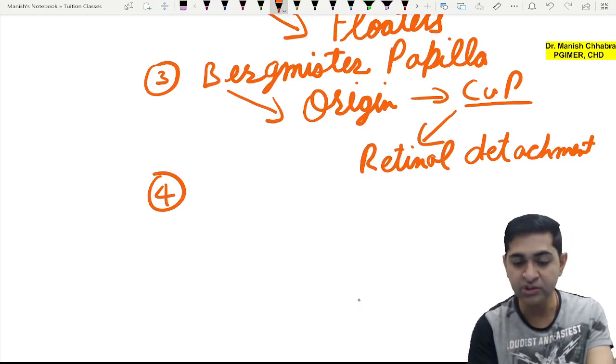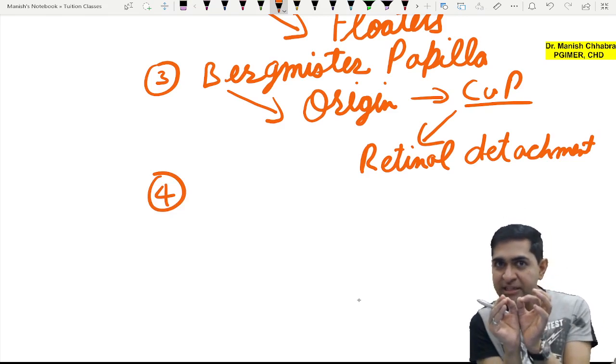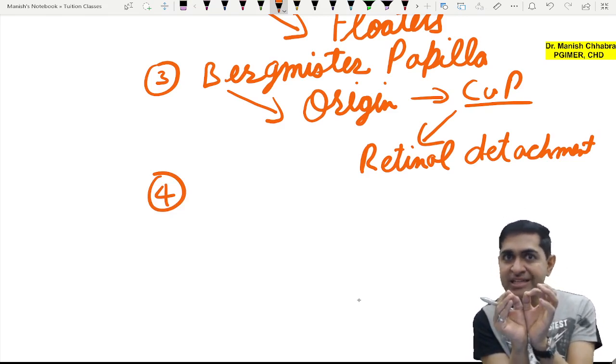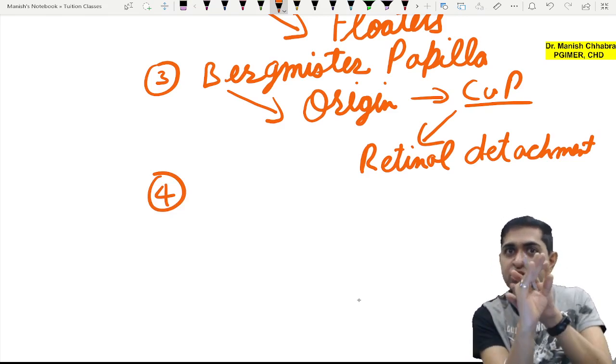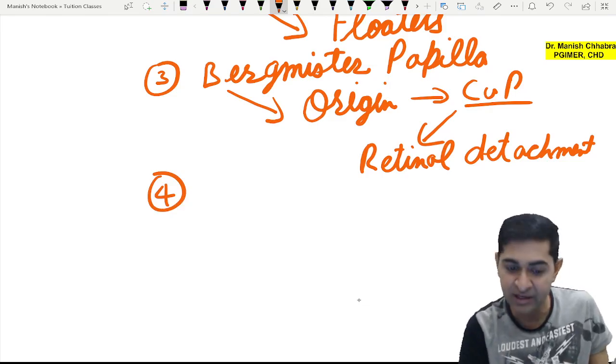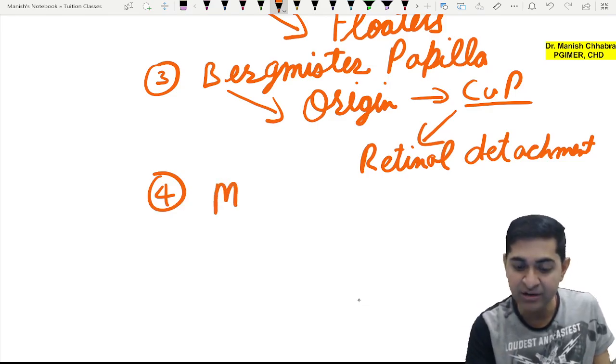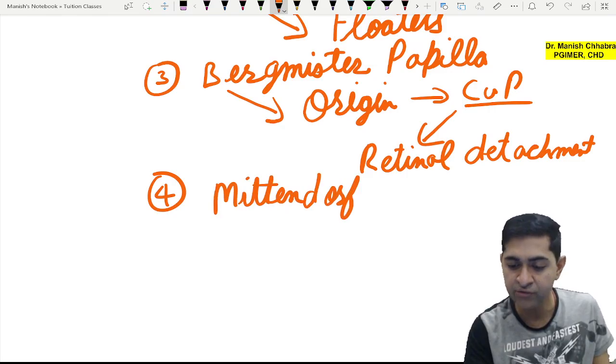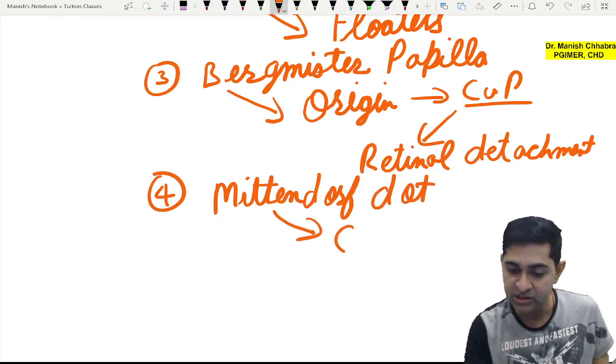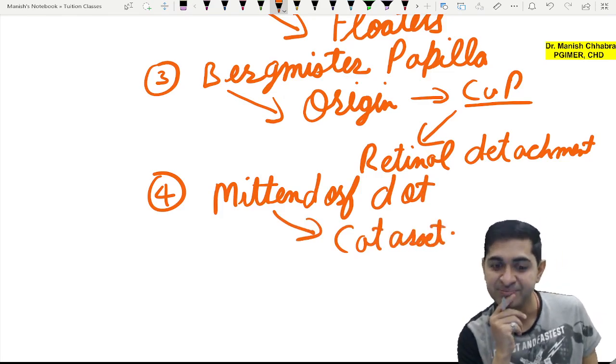Okay, fourth is the one point which lies in close contact with the posterior surface of the lens, that is Mittendorf dot. Because it is attached to the lens, it will lead to cataract.